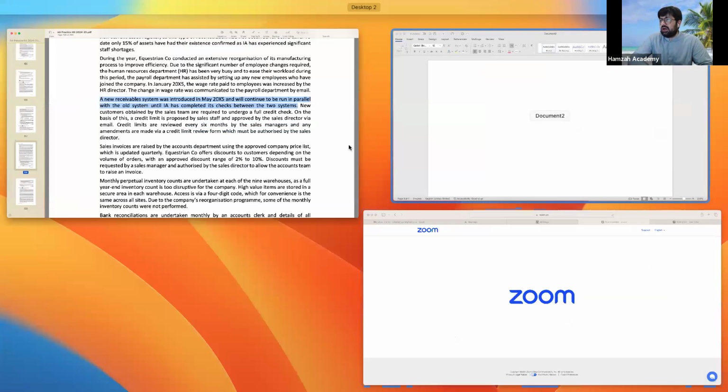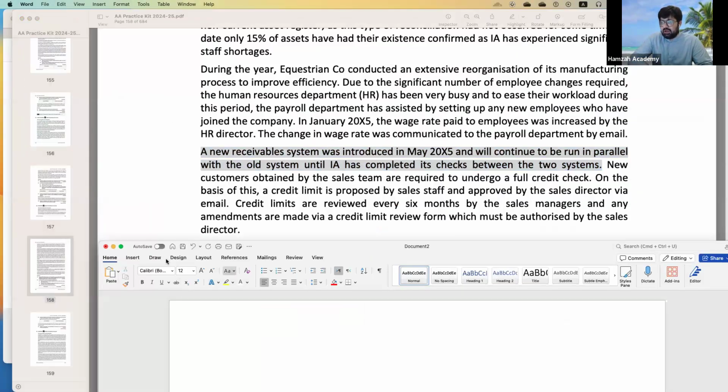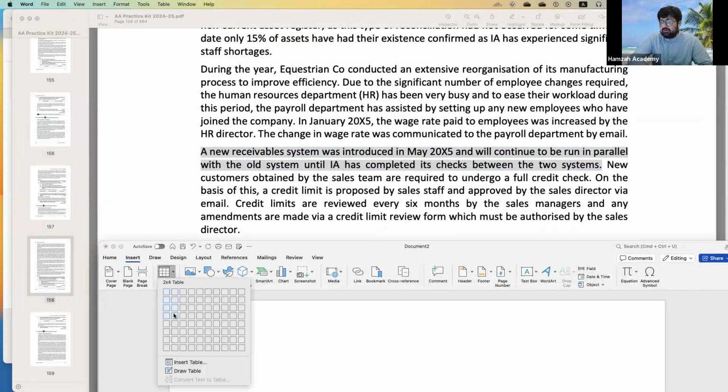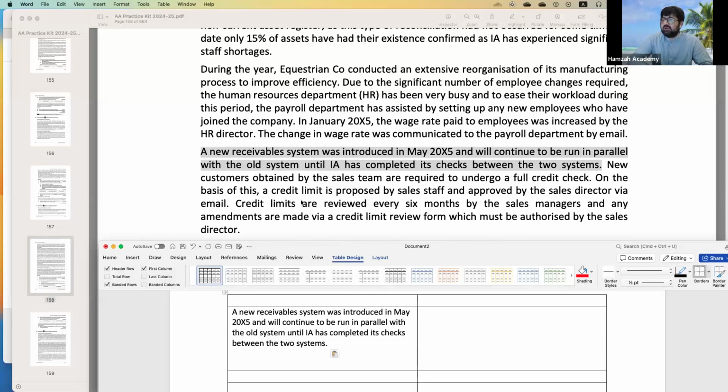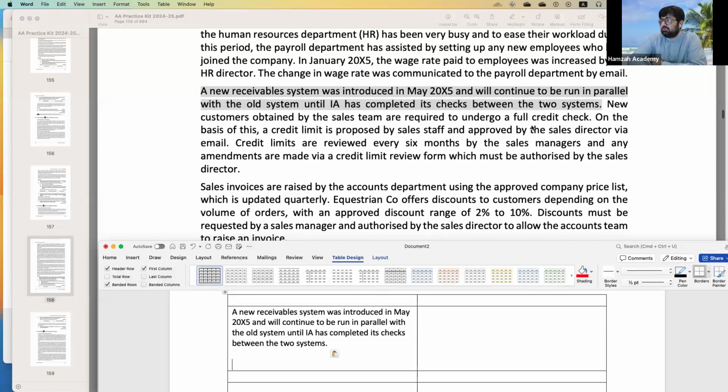So the first direct control, I will simply insert here. We'll explain later. Let me first identify all. New customers obtained by the sales team are required to undergo a full credit check. Very good. On the basis of this, a credit limit is proposed, and sales are approved by the sales director.